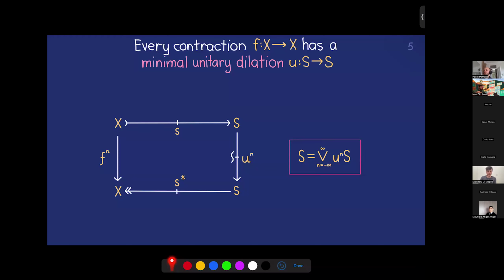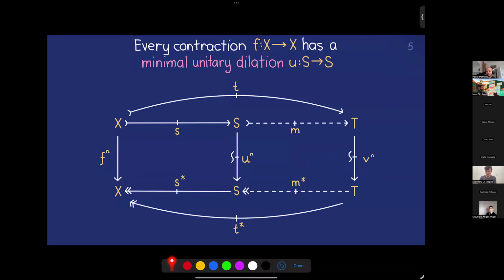So this is one way of expressing what it means for S to be minimal, but it's not so category theoretic. Another way of capturing this minimality is via a universal property. It says that if I have some other dilation T of F, then there should exist some isometry M that exhibits T as a dilation, like this V as a dilation of U. This is more like the kind of universal properties that we're familiar with.